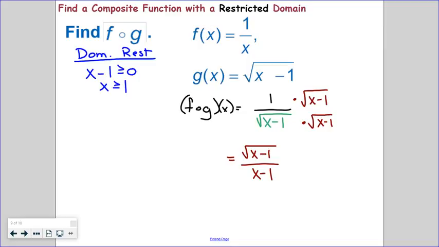Okay, let's talk restrictions. At this point, if it ever shows up, it is a restriction, and that is that third option, a radical in the bottom of a fraction, right? And our rule for a radical in the bottom of a fraction is that x minus 1 has to be greater than 0, or x has to be greater than 1. We actually have a third restriction on that one, and that's come from this, and this would just be a fraction, right?